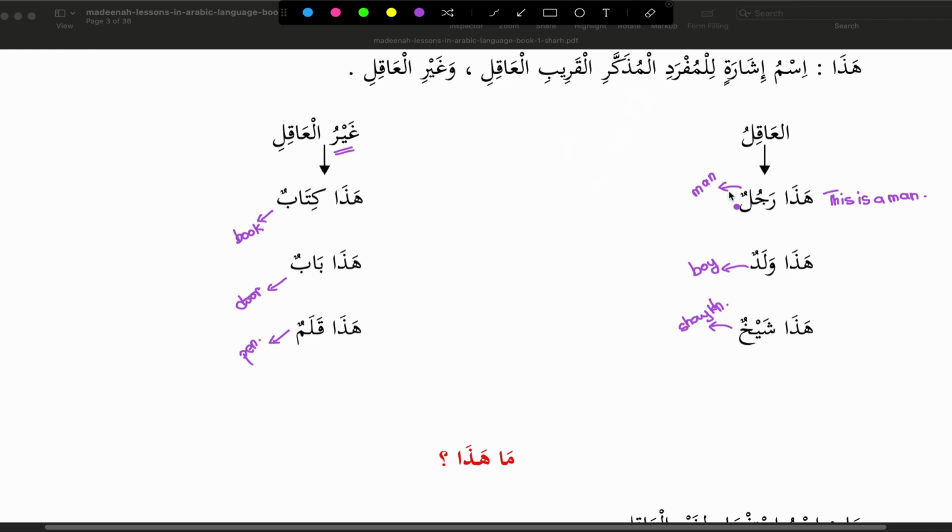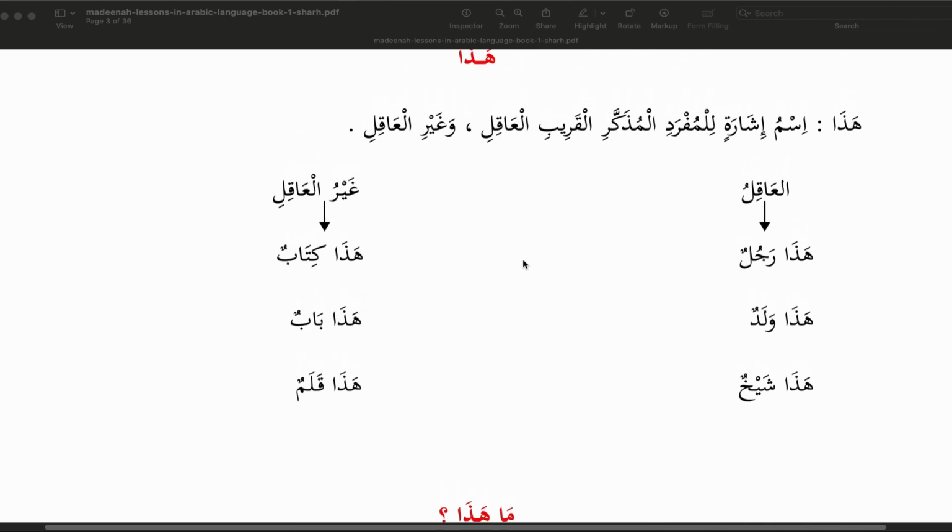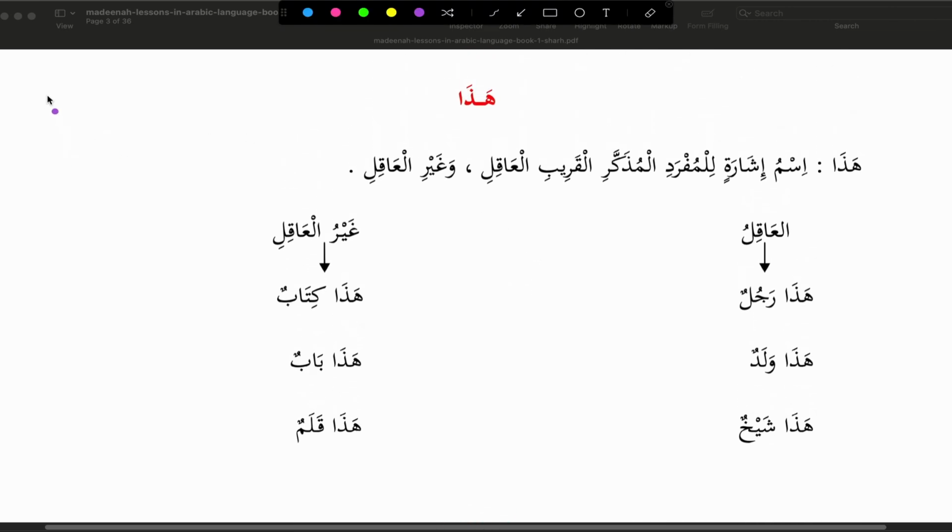So that's how we use pointing words in Arabic. We have a specific pointing word which means this, and the Arabic for that is haza. When you use haza, you understand that it is pointing towards a male thing, masculine.